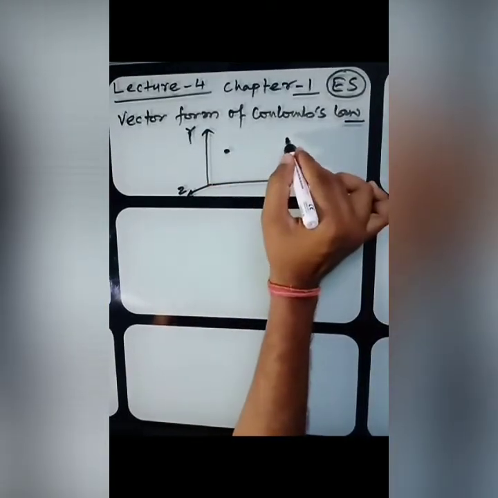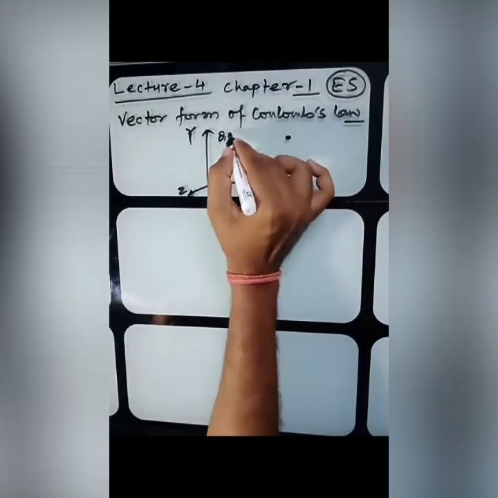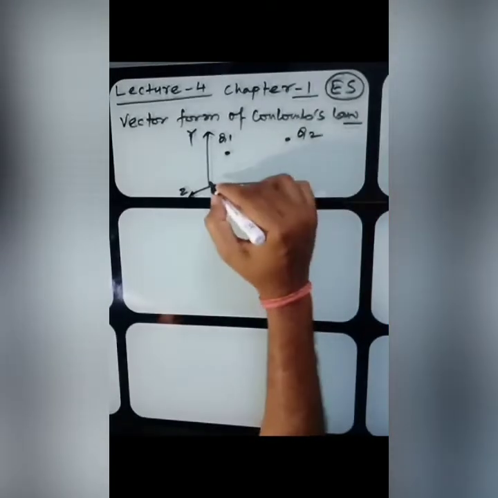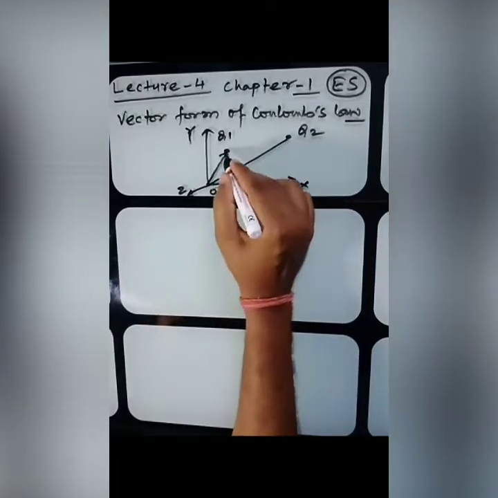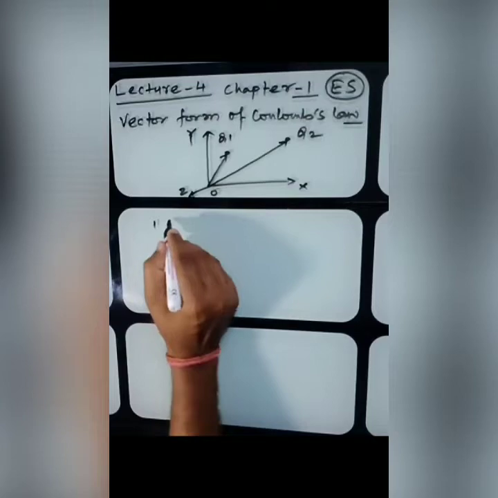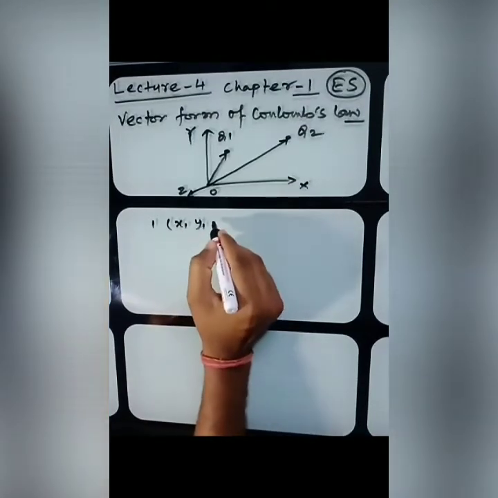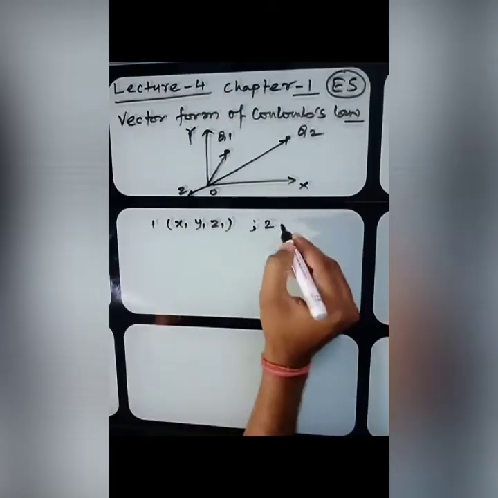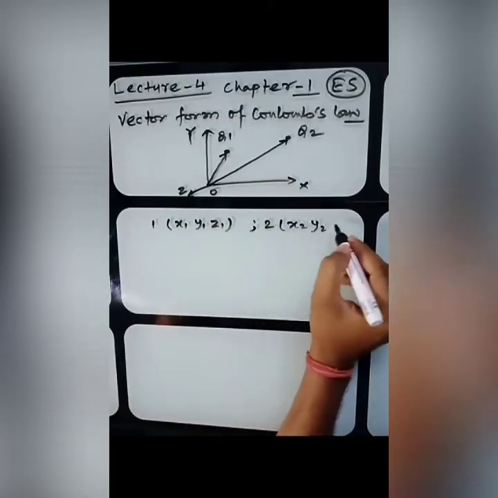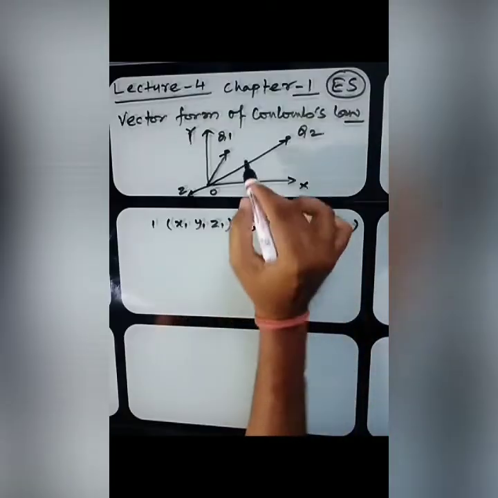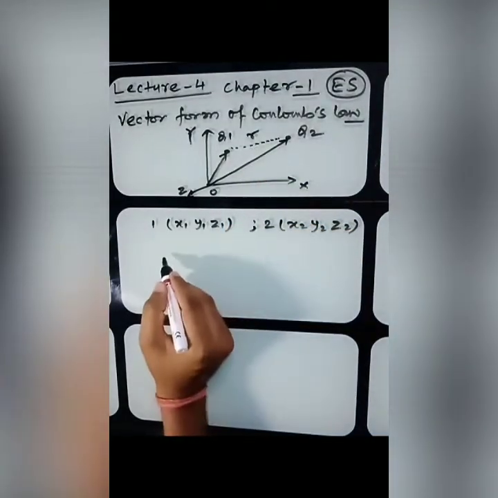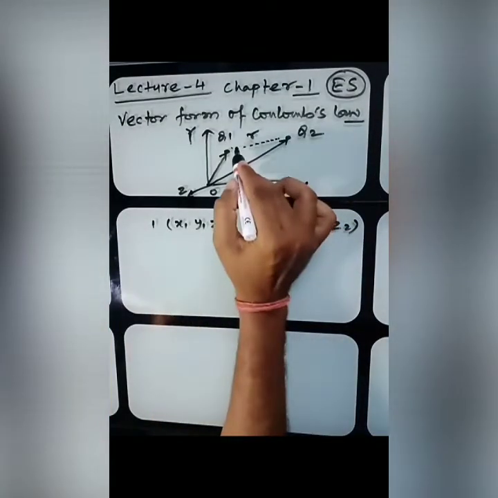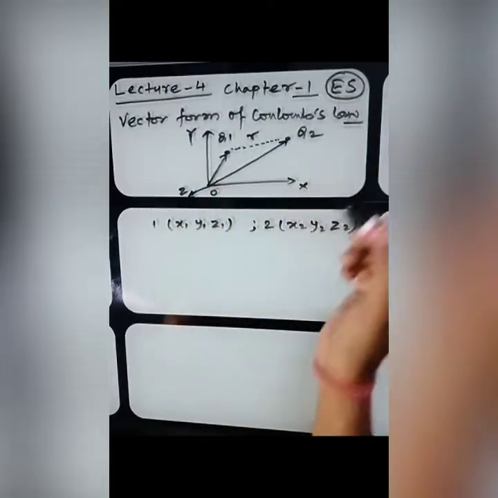The two charges are placed over here as q1 and q2. This is the origin O. The coordinate of point 1 is, suppose, x1, y1 and z1. The coordinate of point 2 is x2, y2 and z2. We find the separation r between these two charges.